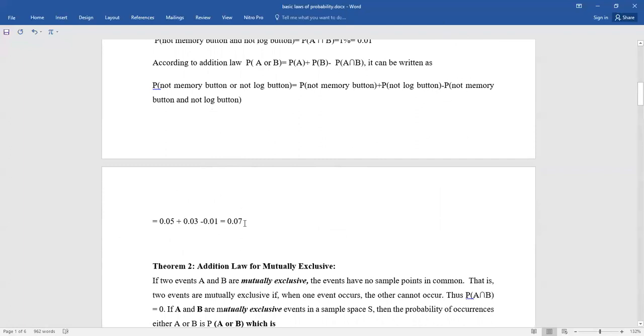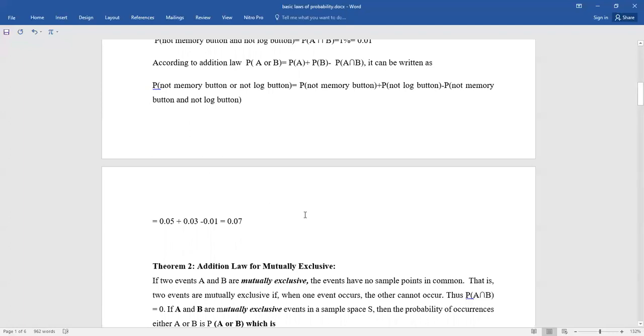If you do the calculation, you will get 0.07, which is 7%. So if you select a calculator randomly from the production, there is a 7% chance that the calculator may not have the log button or memory button, or maybe both. This is the meaning of the addition law.